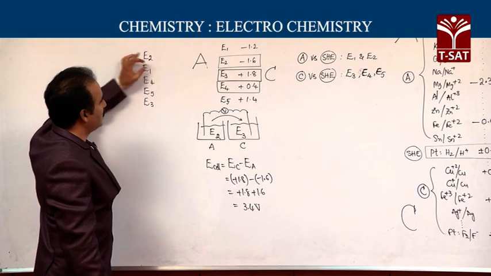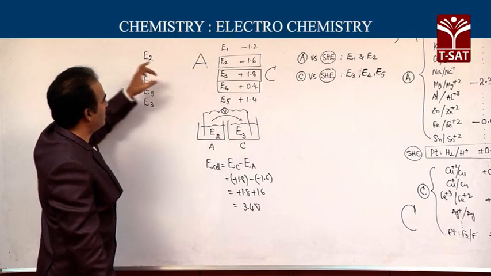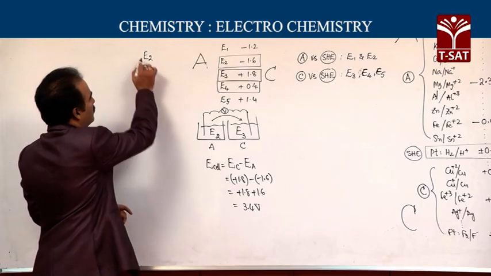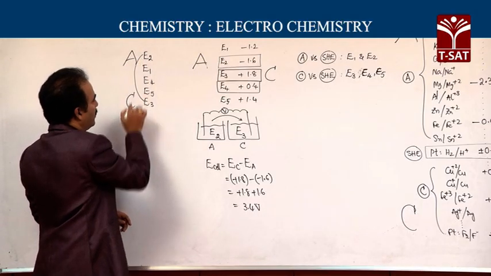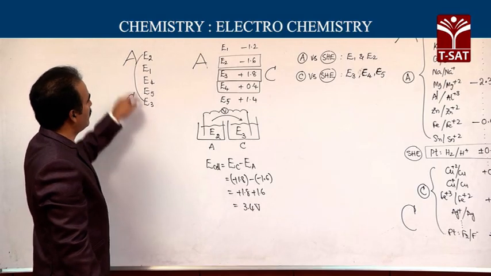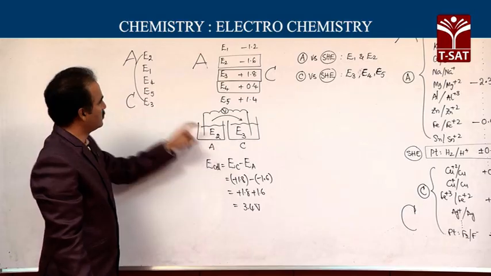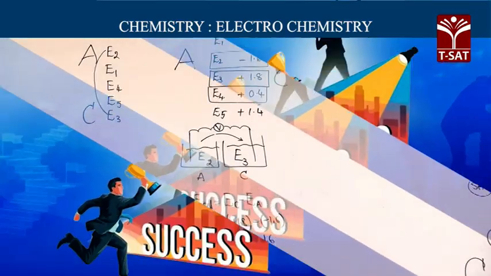Next comes E1, that is minus 1.2. Next comes E4, that is 0.4. Next E5, next E3. As these two electrodes, E2 and E3, differ greatly in their anodic and cathodic behavior, connecting them gives the maximum EMF of the cell, as we calculated.